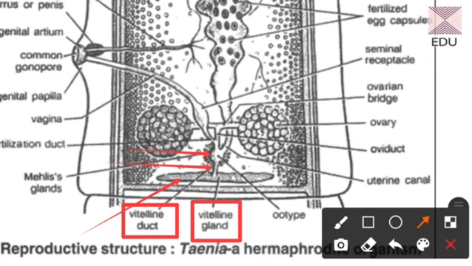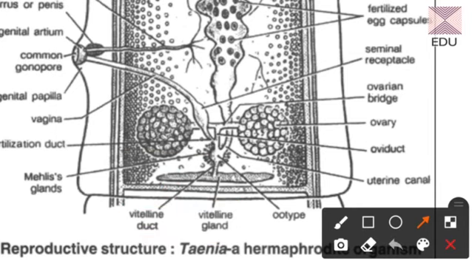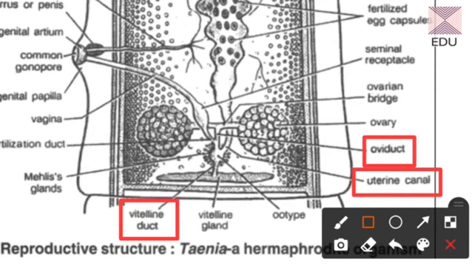So that means the ootype is joining three things we have discussed earlier. First was the oviduct, second was the uterine canal or the uterus, and third is the vitelline duct. So these three ducts are joining at the ootype.